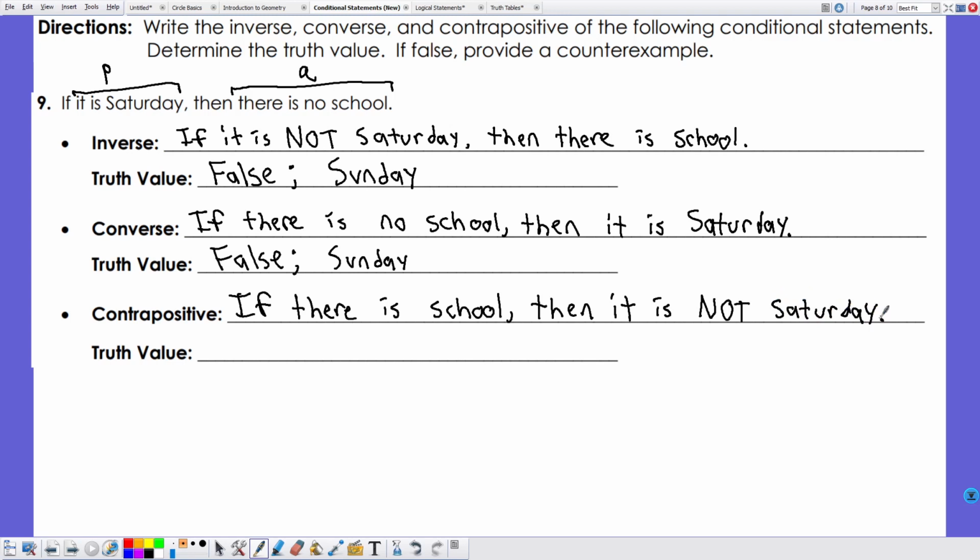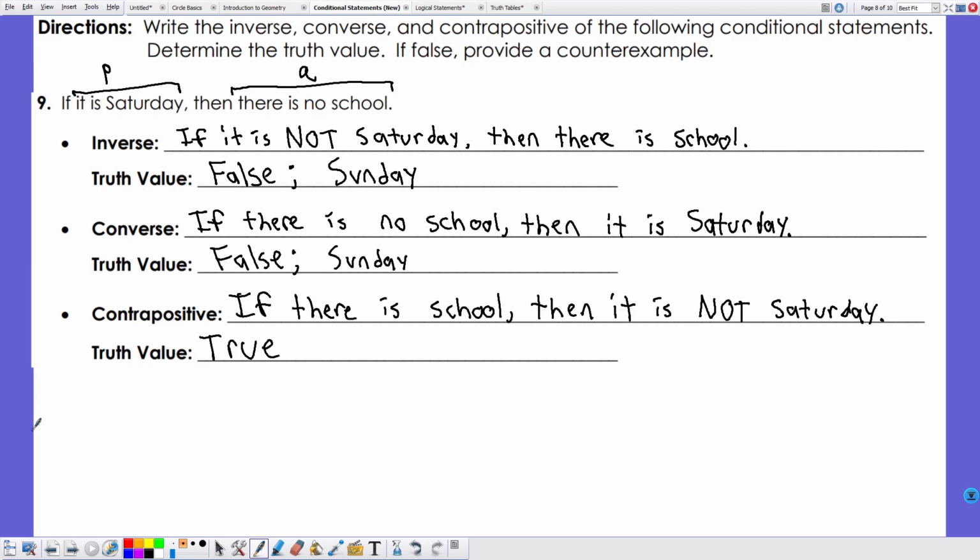So if there is school, then it is not Saturday. The truth value of that would be, yeah, that's true. Absolutely. Because, at least over here in America, we don't have school on Saturday.